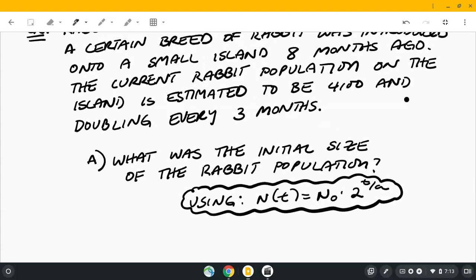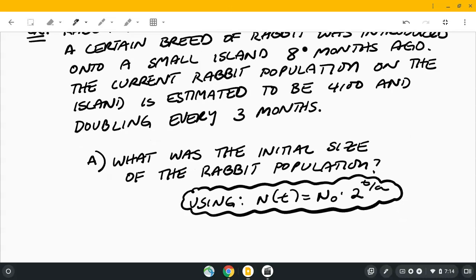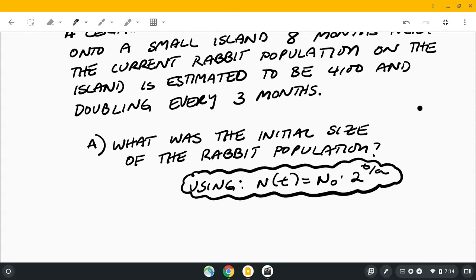We do know that the current population is 4,100, and that occurred 8 months later. So we know t is 8.